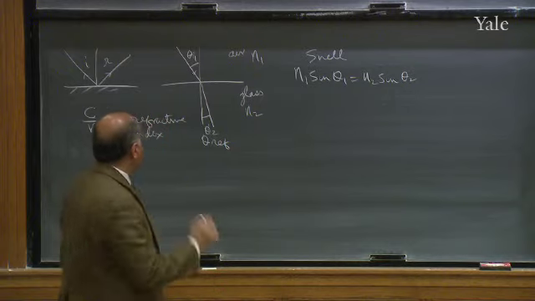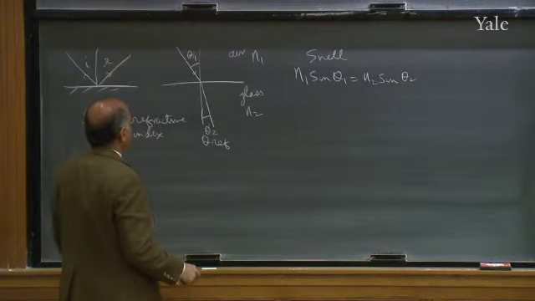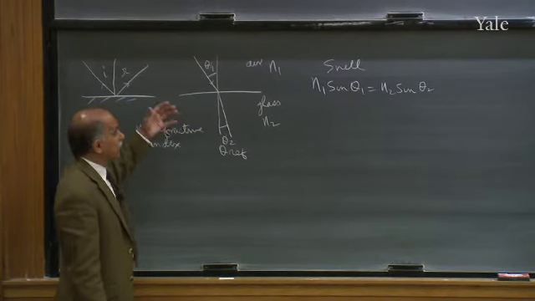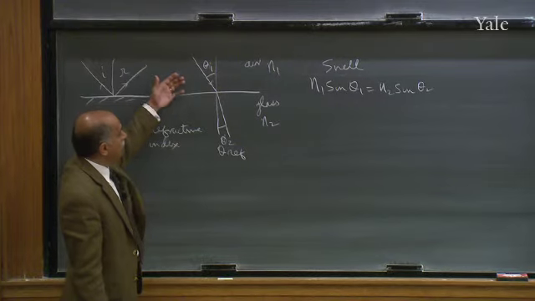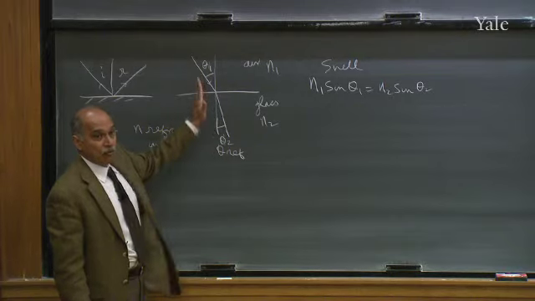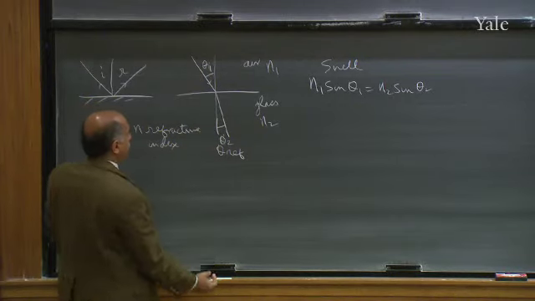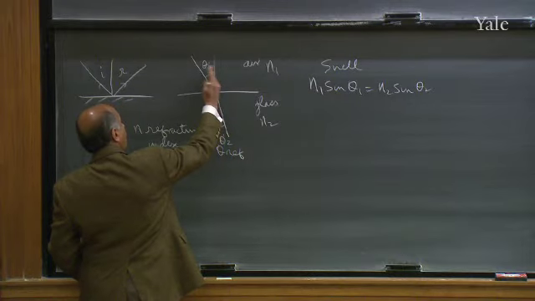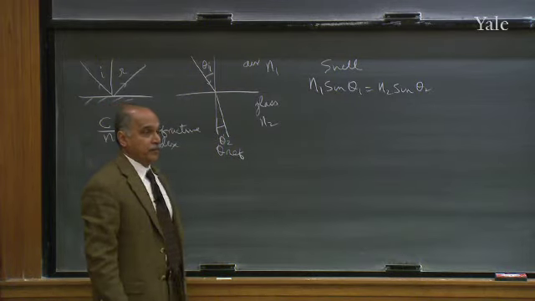The way to think of the law is, if n2 is bigger, then sine theta 2 will be smaller, so this angle will be smaller. So when light goes from a rare medium to a dense medium, it will bend closer to the perpendicular, or the normal. And if you run the ray backwards from the dense medium to the rare medium at some angle, it will go even further away from the normal.